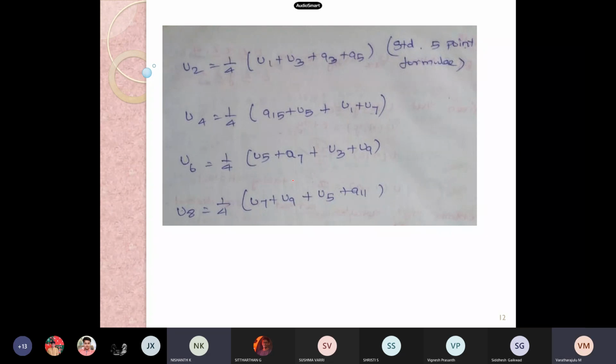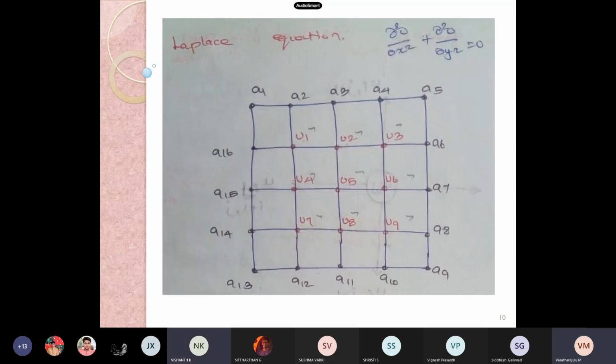No, tell me whether this U8 can be calculated using U5, A8, A11 and A14.